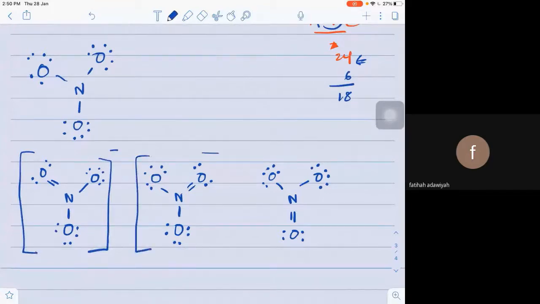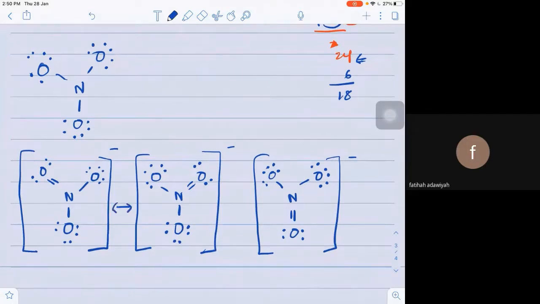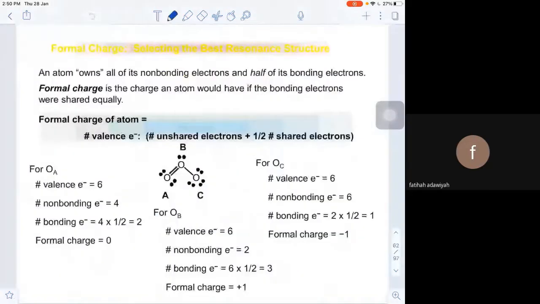No brackets, no mark for you. Same goes with this. And since they are resonance structures, this resonance arrow is also compulsory. Don't forget to have this. This arrow is specific to show that they are all resonance structures of the nitrate, the resonance structures of ozone.